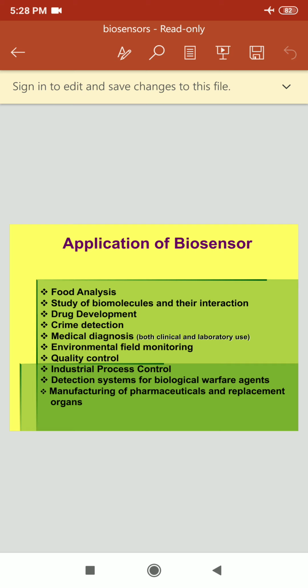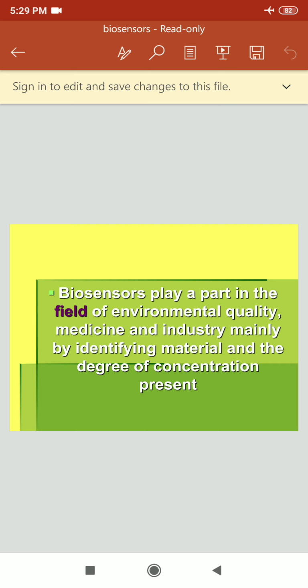Environmental field monitoring: by using biosensors we are monitoring the environment. Now quality control, industrial process control, detection systems for biological warfare agents. Next is manufacturing of pharmaceuticals and replacement organs. In pharma industries, for manufacturing purposes, biosensors are used, and when we are replacing organs in the human body, the biosensor is also used.